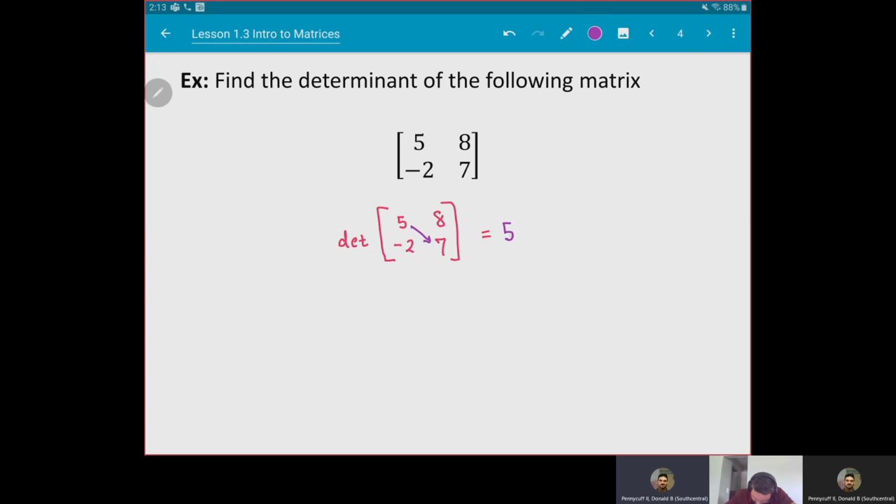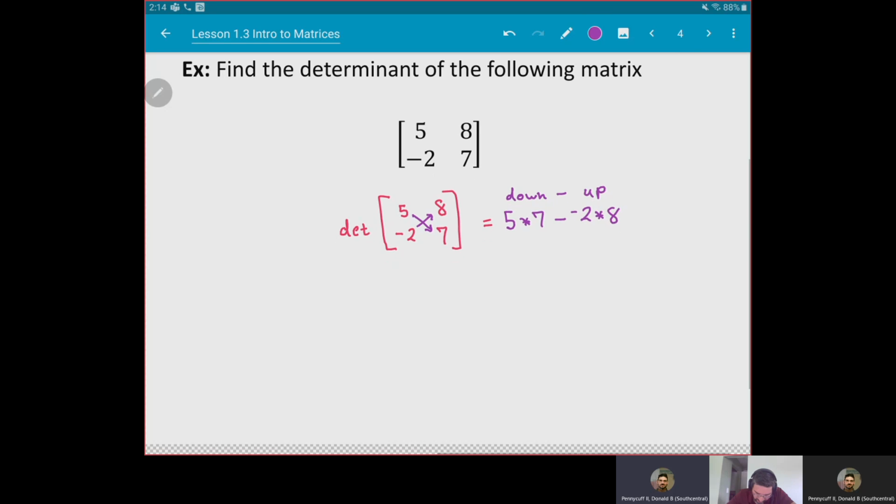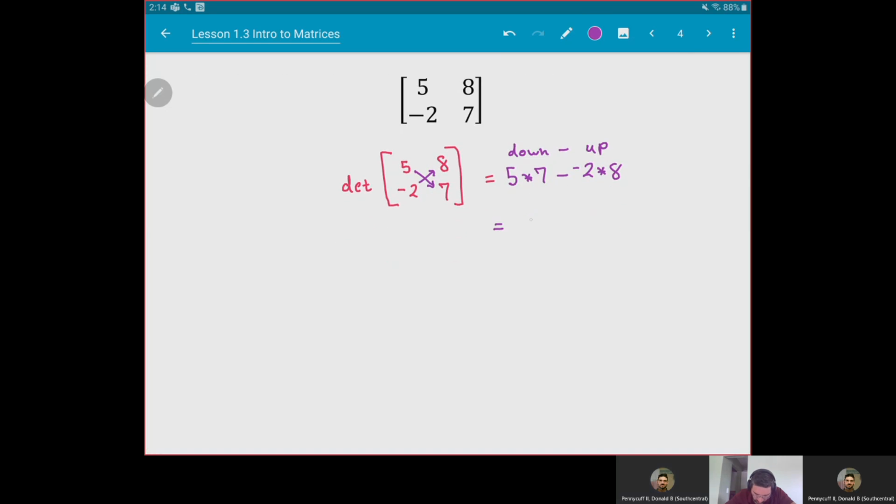So that's going to be 5 times 7 minus diagonally up, negative 2 times 8. And you do have to go in that order. Down minus up. It does need to be a specific order. And when you get done, you're going to have a single value as your answer.